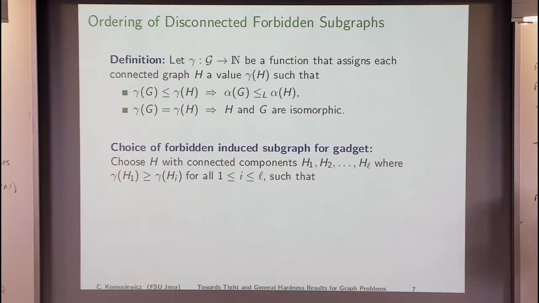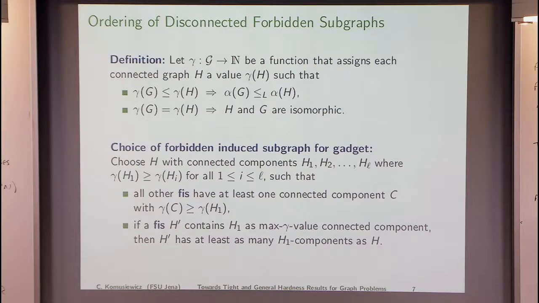Okay, and so now how do we choose these forbidden induced subgraphs in our construction? So we take one subgraph H, so this is the forbidden induced subgraph with some connected components. H1 is the one that has the largest alpha sequence, if you want.